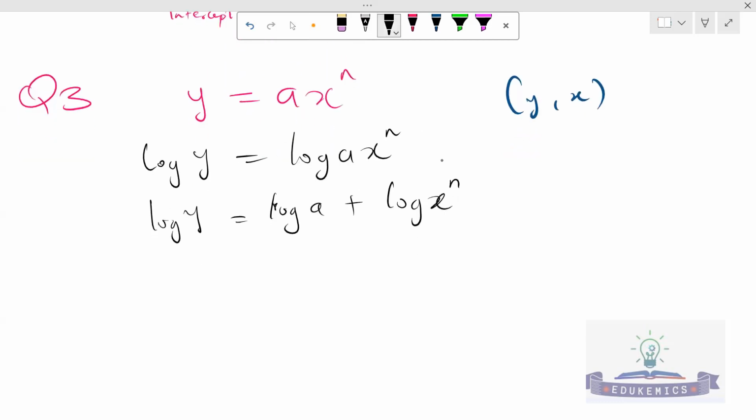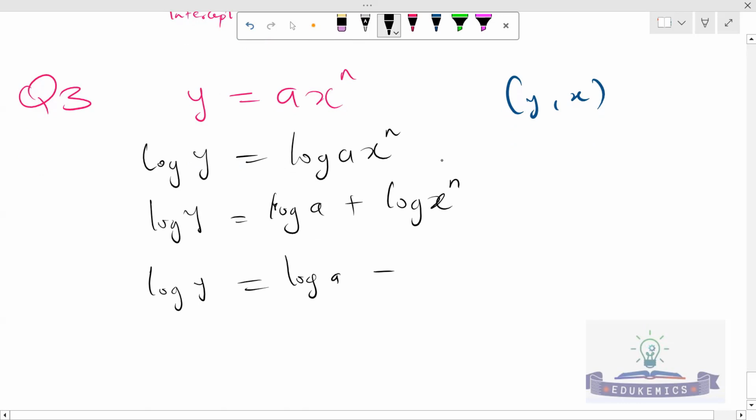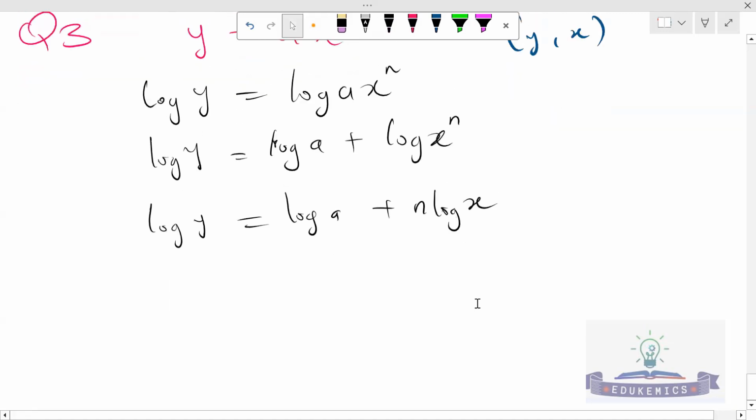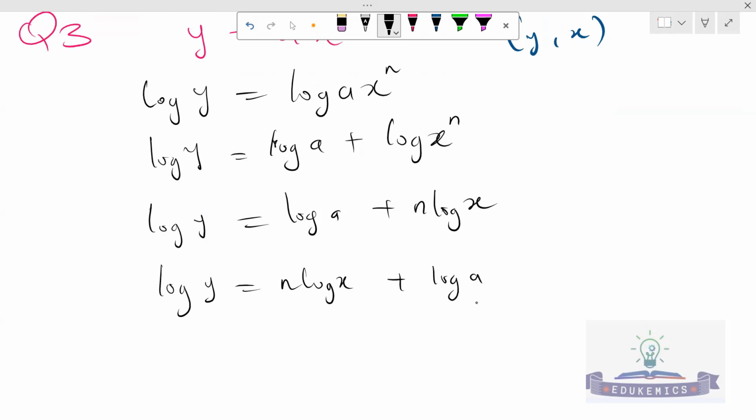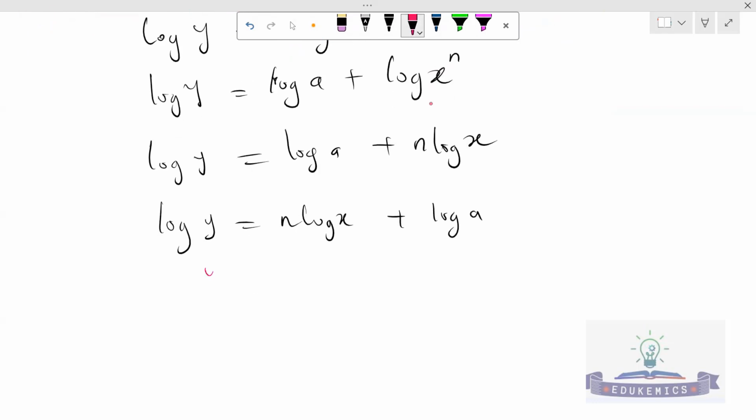So we can see that log y equals log a plus n log x. Now remember, our variables are y and x. That means a is a constant. So I can rearrange this: log y equals n log x plus log a, and then compare it with the linear equation y equals mx plus c.